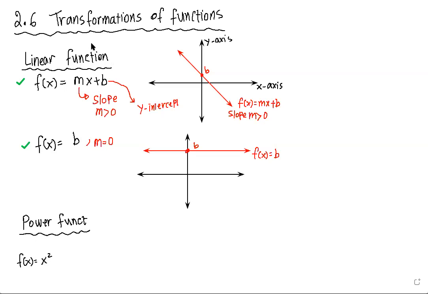It looks something like that, and it opens upward because the coefficient of x squared is positive. So the graph is going to be something like this. This is f of x equals x squared.